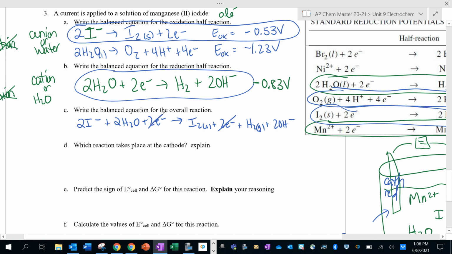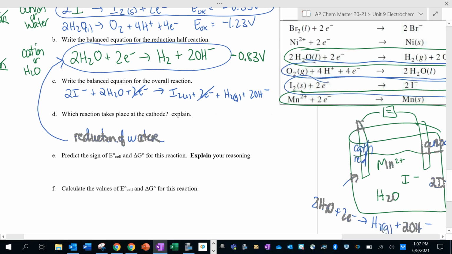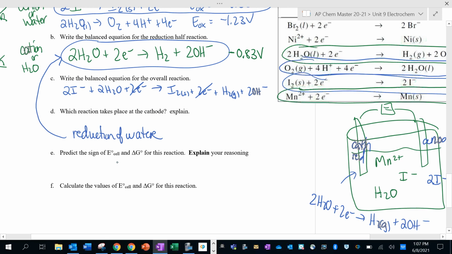My electrons cancel out, and then I'm left with my overall reaction here. What's happening at the cathode is the reduction of water. We already discussed that, but I'm just going to rewrite it there. And the sign of E and delta G: it's an unfavorable reaction, so it's got a positive delta G and a negative E because it is unfavorable.